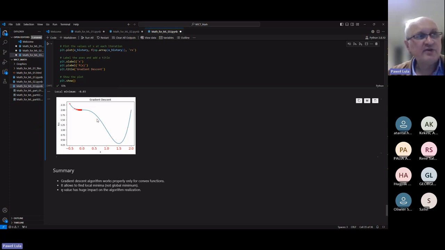Please think about this blue function as an error function. It is obvious that we are going to find such values of the x parameter for which we have the smallest error value.